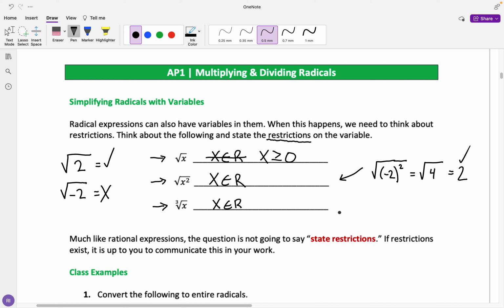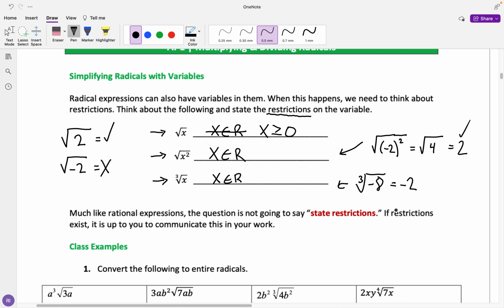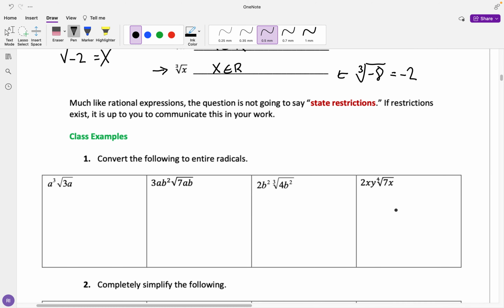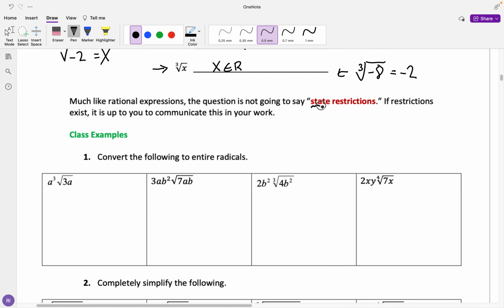To give you a concrete example on that one, you're allowed to do something like the cube root of negative 8. The result is negative 2. What's a little bit new for us today is that there are variables inside of the expressions, and because of that, we have to state restrictions regardless.